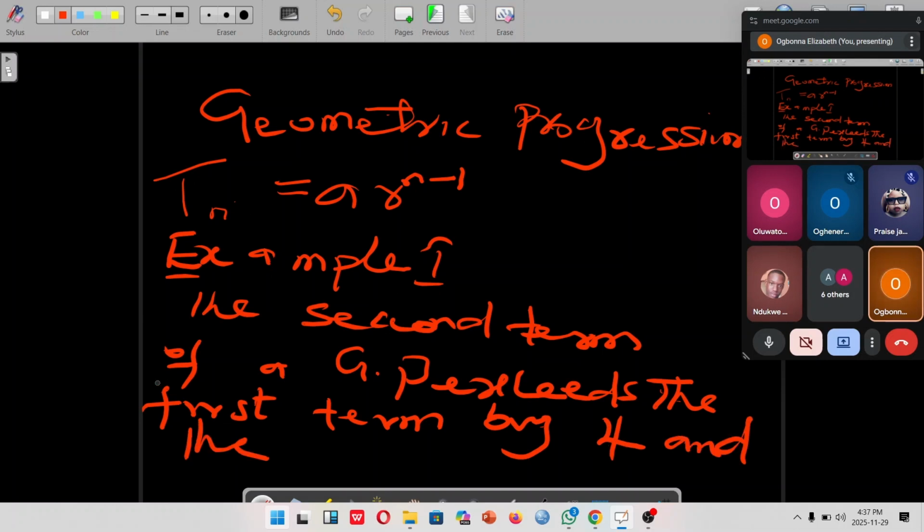And the third term exceeds the second term by 12. Full stop. Find the fourth term.